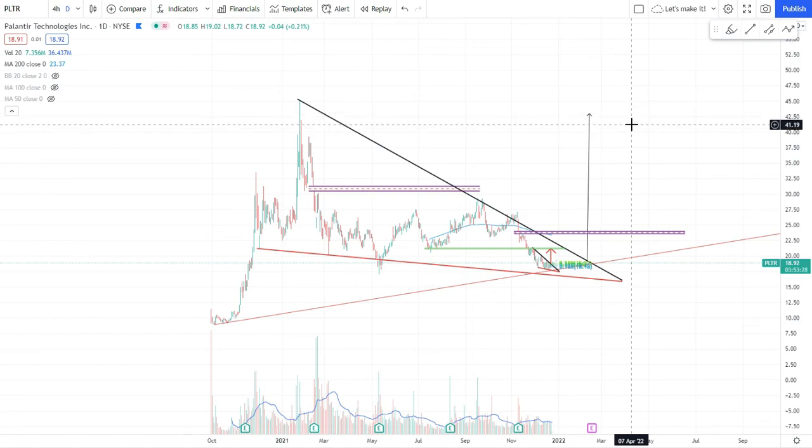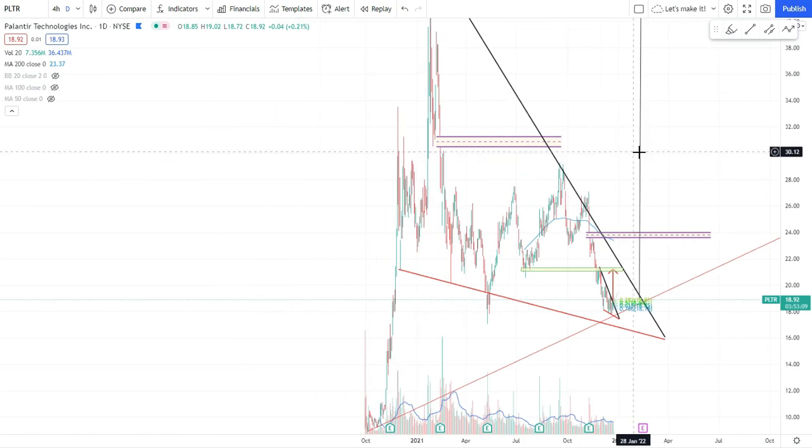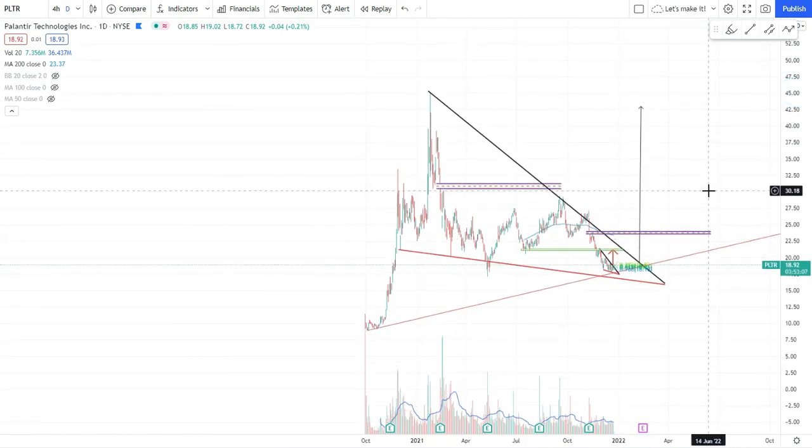This is the minimum long-term target price for me. Doing this, the price would cover these gaps it left between $23 and $24, and especially these big gaps between 31 and approximately $30. These two gaps to me need to be filled and will be filled. Again, my personal opinion, not financial advice.